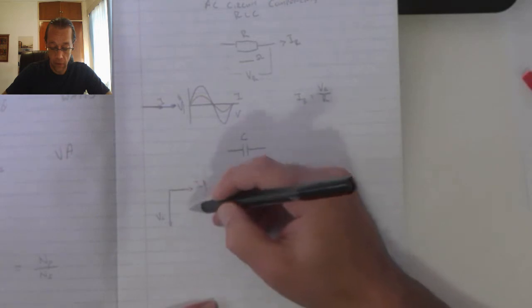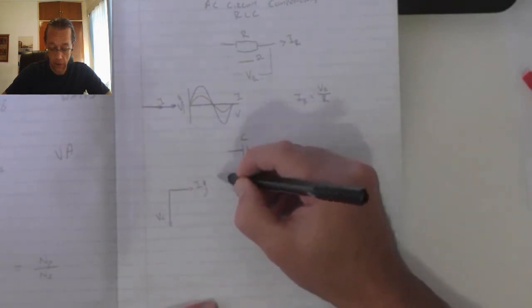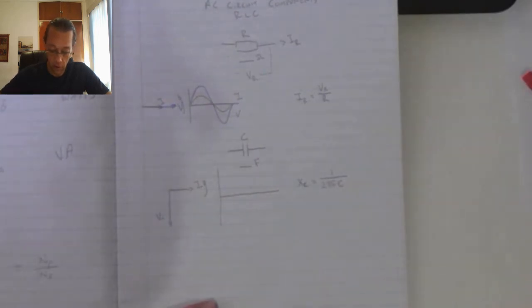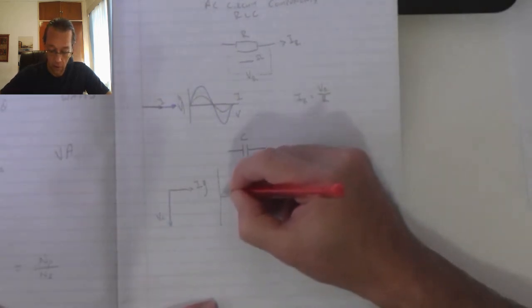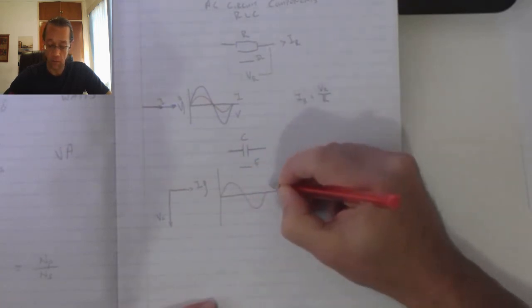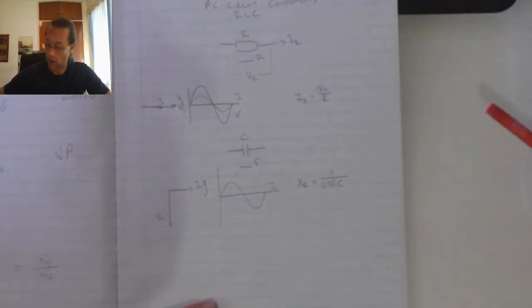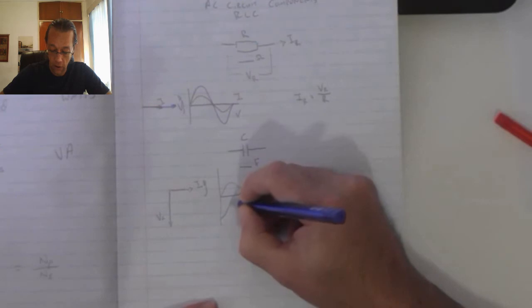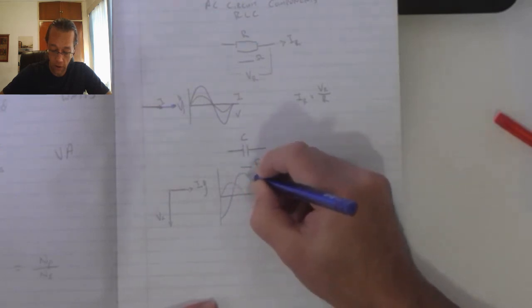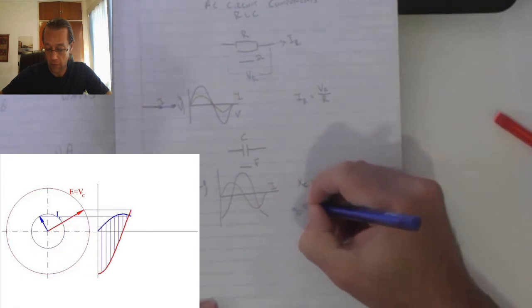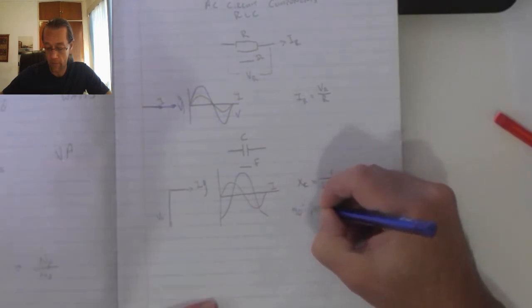Looking at the phasor or the wave diagram, we see that as current is applied to my capacitor, it will generate a signal in the voltage that looks like that, with a 90-degree phase shift.